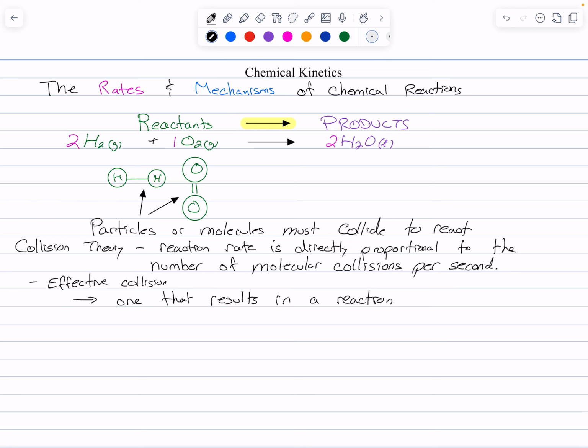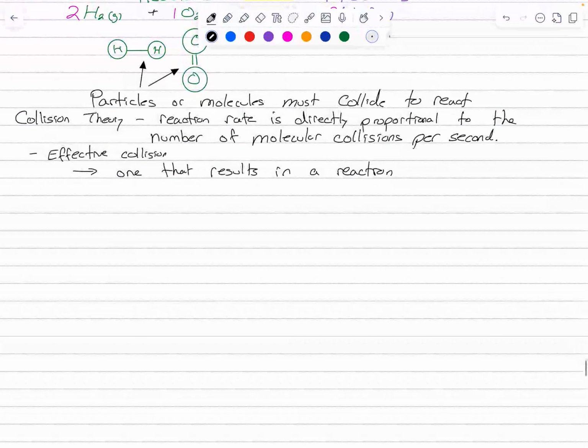So when that hydrogen and oxygen meet, there actually has to be enough energy in that collision for it to react, right? Just like if we use propane. Some of you guys have a propane grill. And if you just turn the gas on, let the gas out into the atmosphere, nothing happens unless it's lit, right? So we're going to talk about that real quick right now.